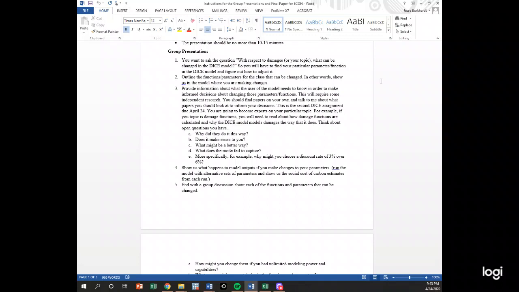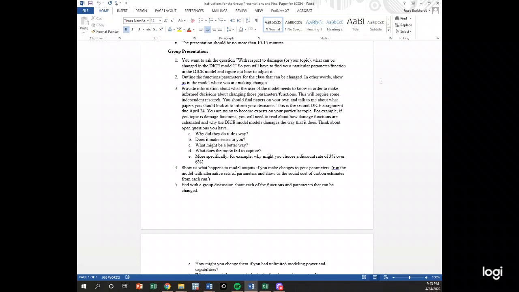And then the reason I had you do the second DICE model assignment, the literature review, is because I want you to make changes to the DICE model to perform this sensitivity analysis, but I don't want the values that you choose to be pulled out of thin air. I want you to support the values with research. I want you to look up papers, the values that the interagency working group used, or what Nordhaus is suggesting nowadays, because this DICE model that we're using is from 2010, I believe.